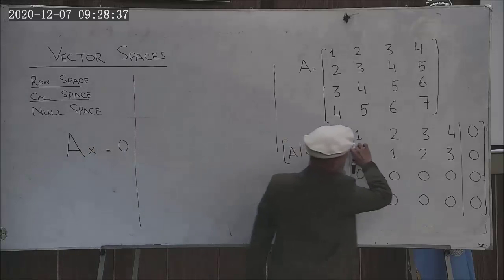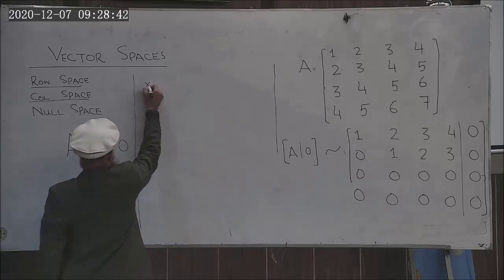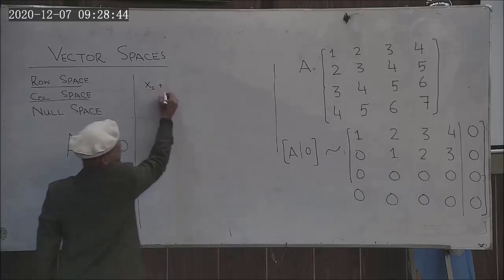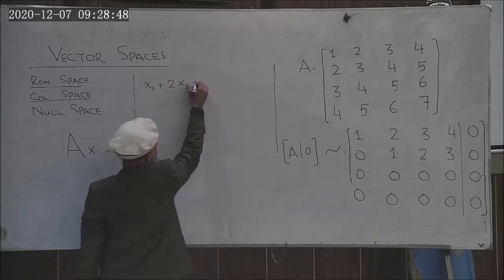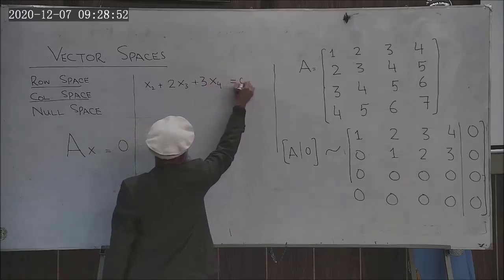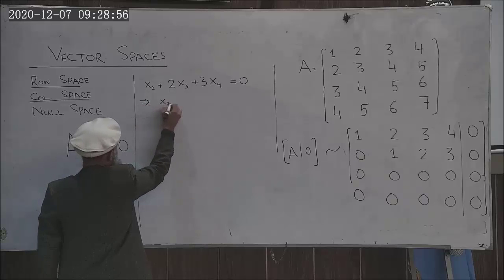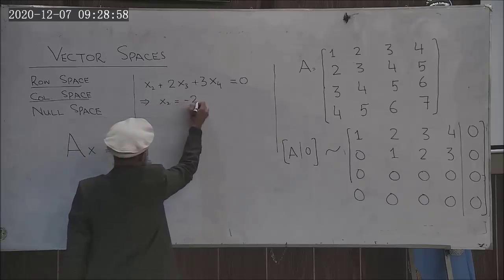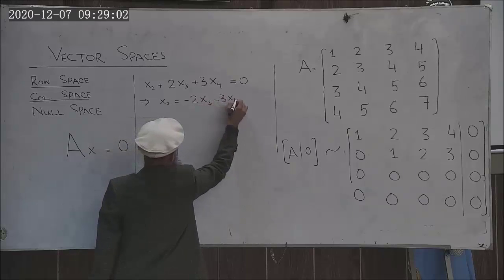So what do we get by back substitution? From this second row, x2 plus 2x3 plus 3x4, that is equal to 0, which implies that x2 is equal to minus 2x3 minus 3x4.